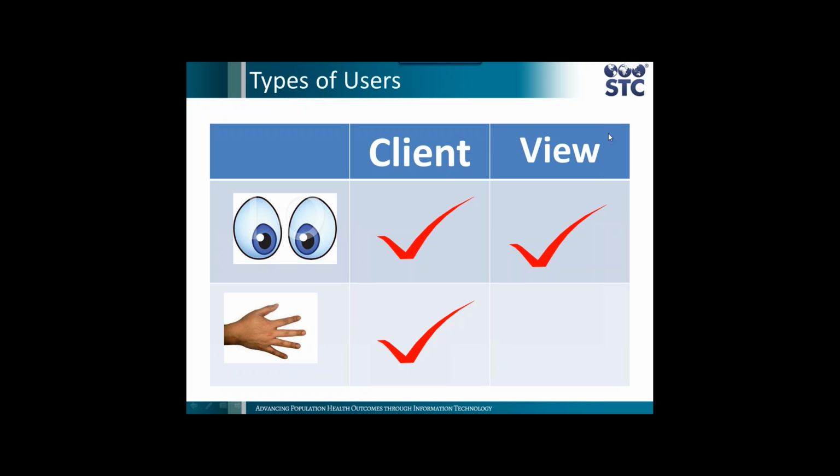And if you're just a facility view user, you're only able to view. So you can still search for patients, you can still view what vaccinations they need or have as far as the forecast goes, but you're not able to actually administer any vaccines. So let's say that you have some front desk staff that you want to be able to search for patients and view the forecast.